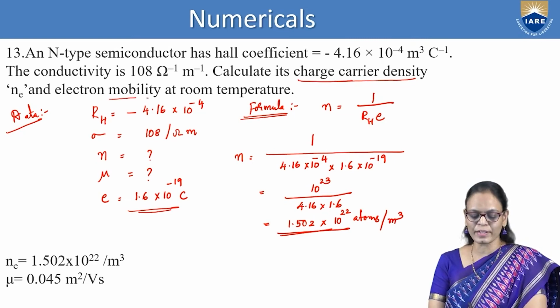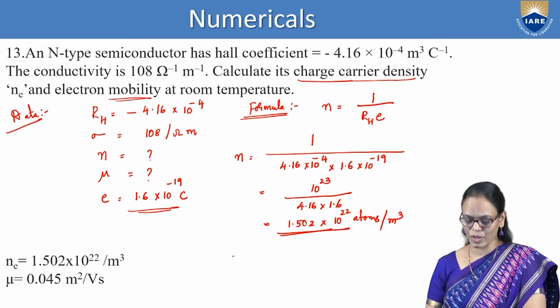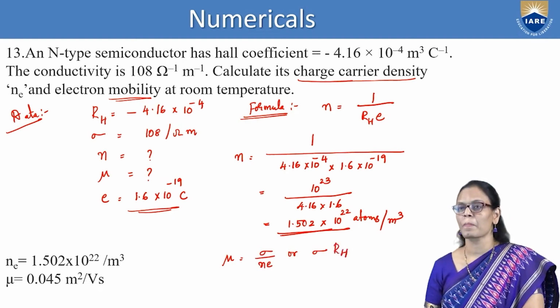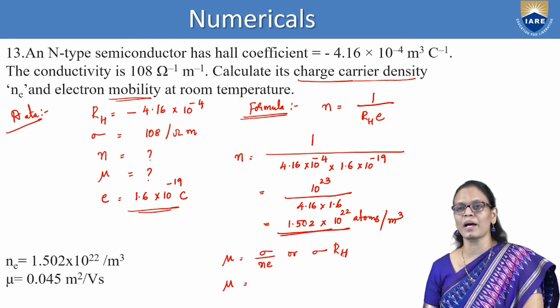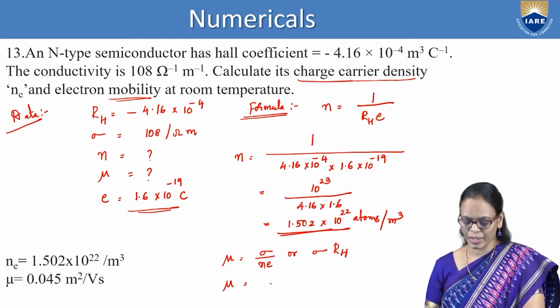Next, we need to calculate the mobility. So, what is the formula for mobility? Mu is equal to sigma upon n e, or sigma R H. So, we'll use the second one because we know both sigma as well as R H. Sigma here is 108.